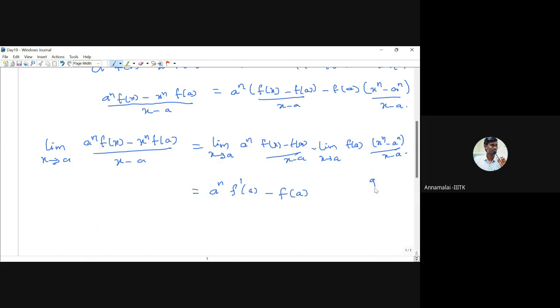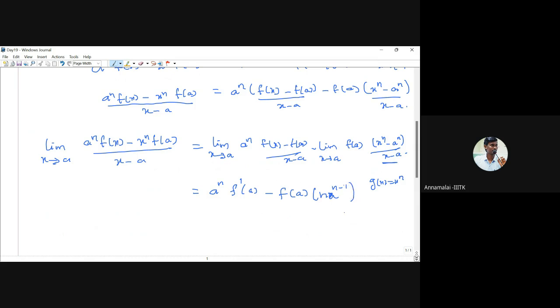Okay, we can define a new function g(x) equal to x^n. So what is g'(x)? It's nothing but the derivative of x^n, which is n x^(n-1). But here we have the derivative at a, therefore n a^(n-1).